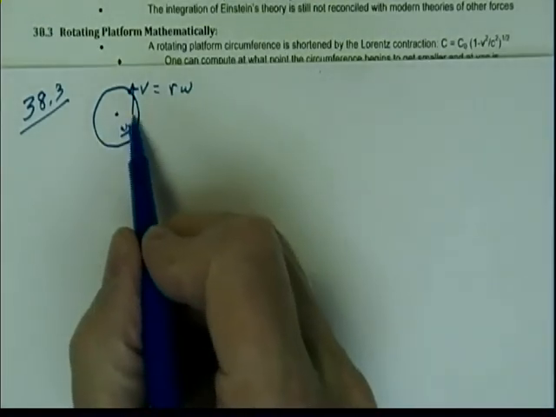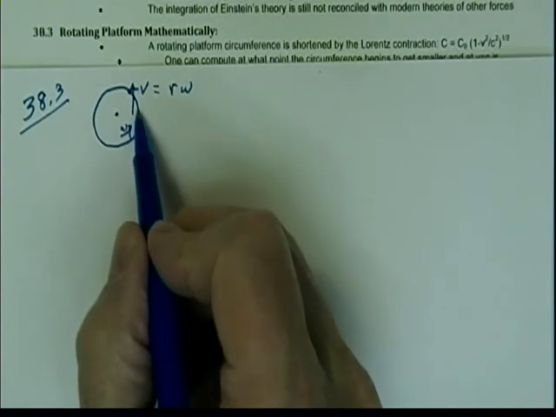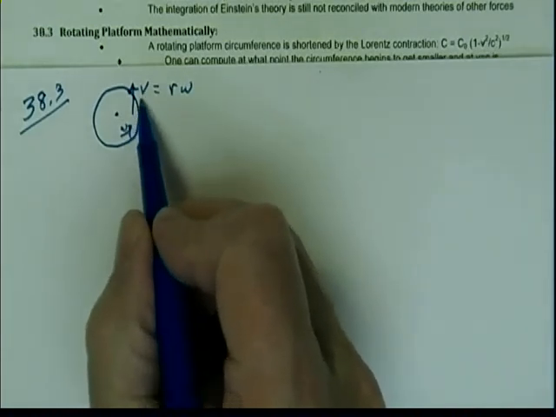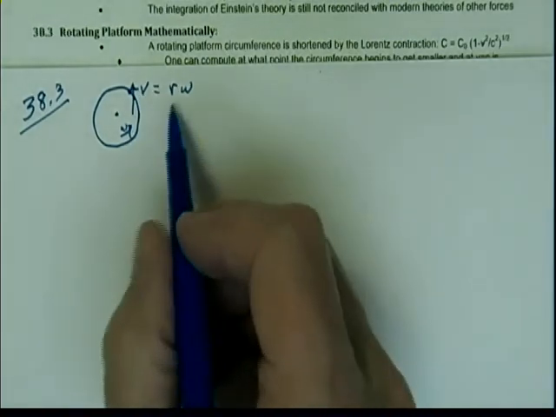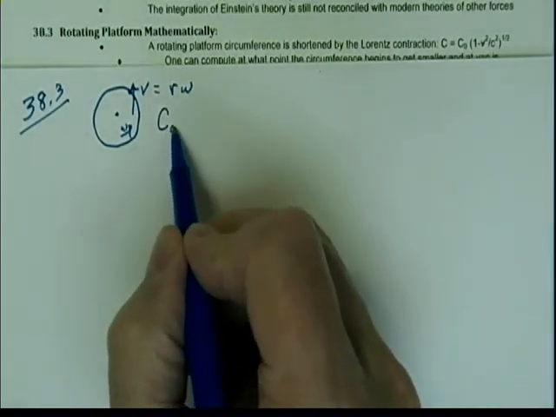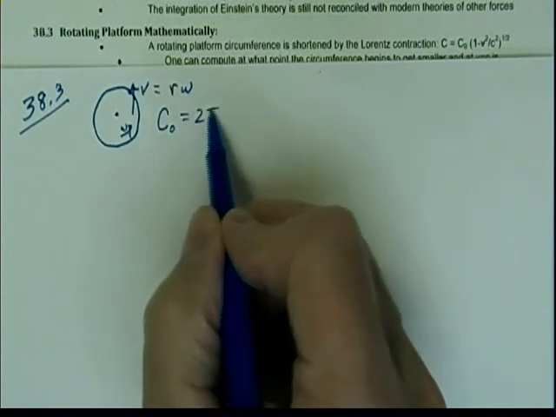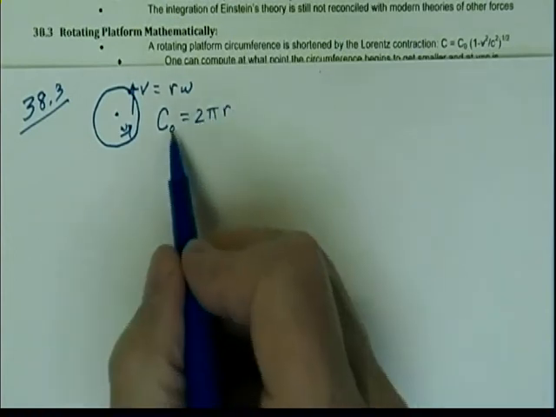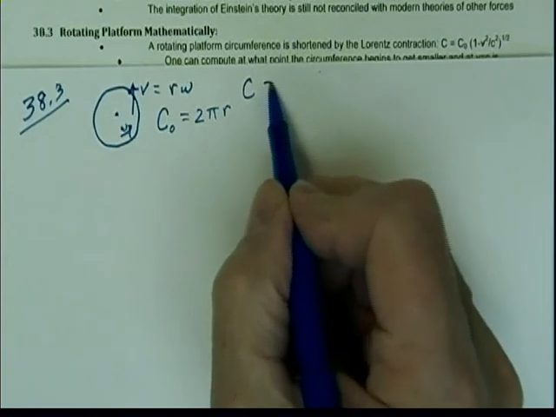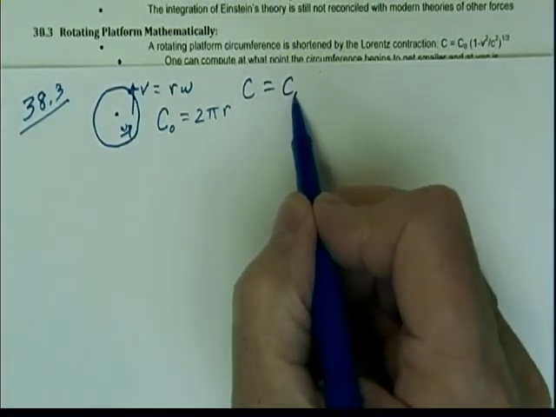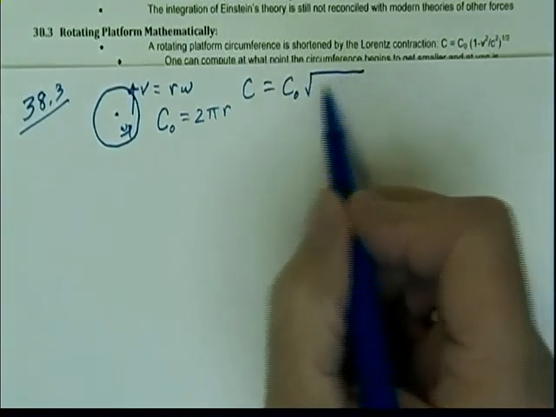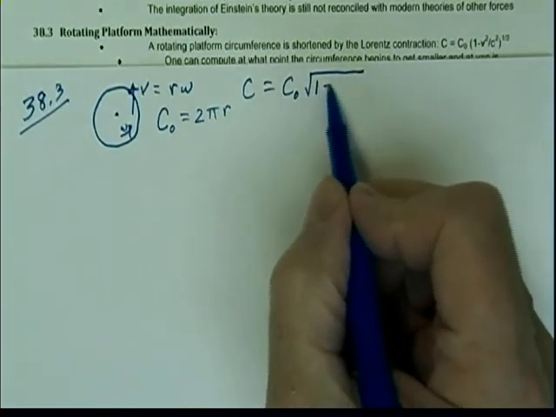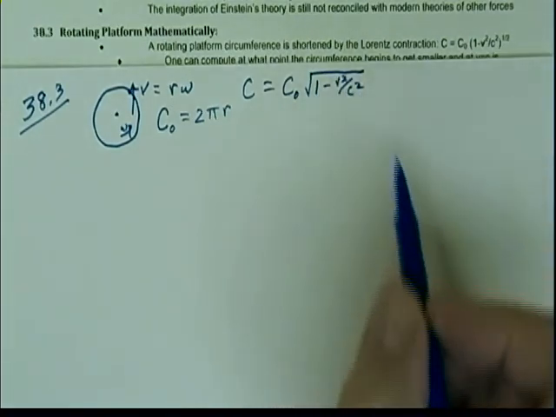Now, as we move further and further out, if this disk is large enough and omega is large enough, this velocity will approach the speed of light. Until then, the circumference, of course, is 2 pi r. But further out, the circumference is going to be equal to this circumference, c naught, 2 pi r, times the Lorentz contraction factor, which is the square root of 1 minus v squared over c squared.